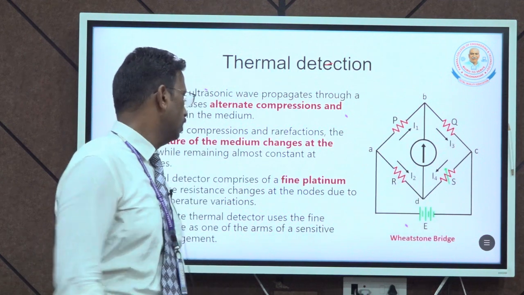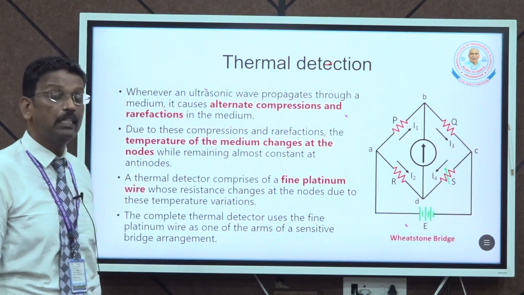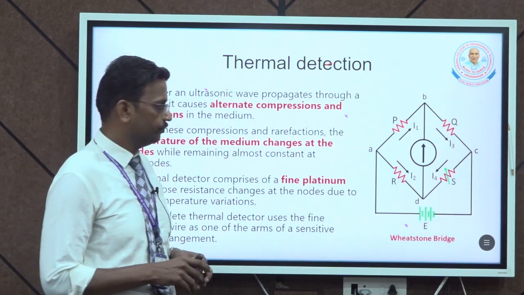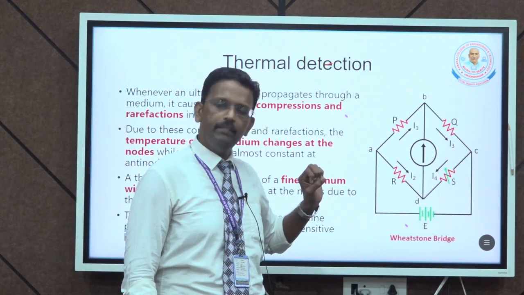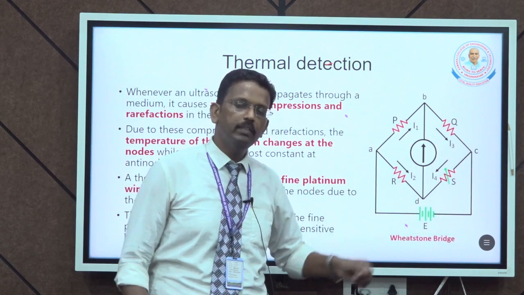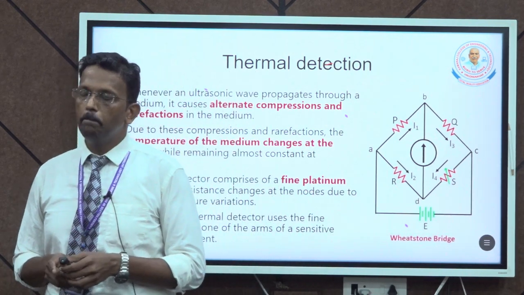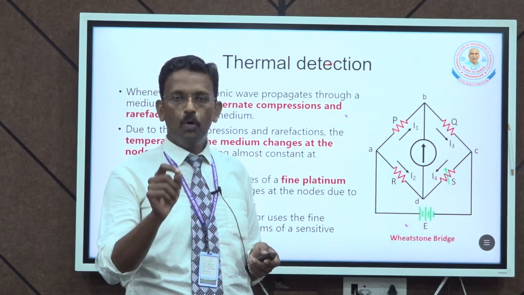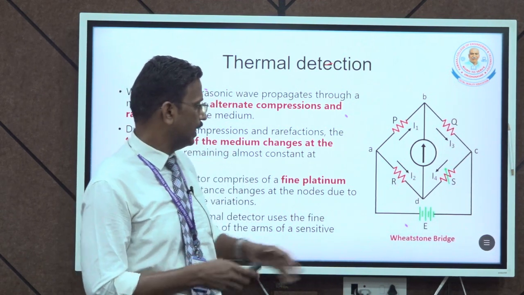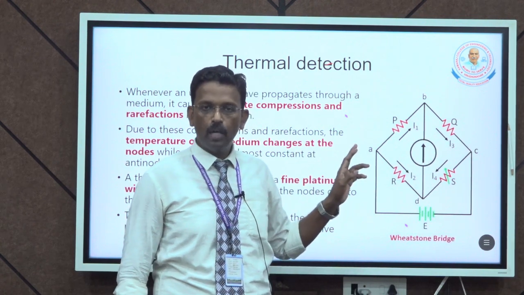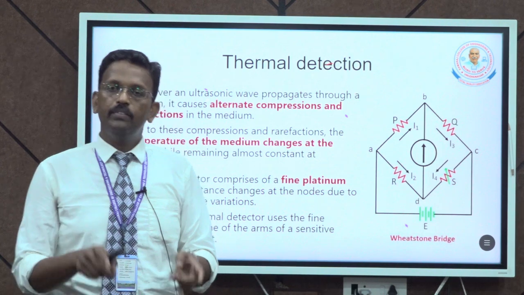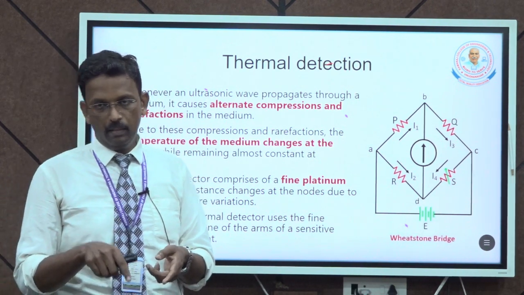The third method is called the thermal detection method. I think you know very well the Wheatstone bridge circuit, which is mainly used to measure a small unknown resistance connected to any one of the 4 arms. The circuit contains 4 resistances.